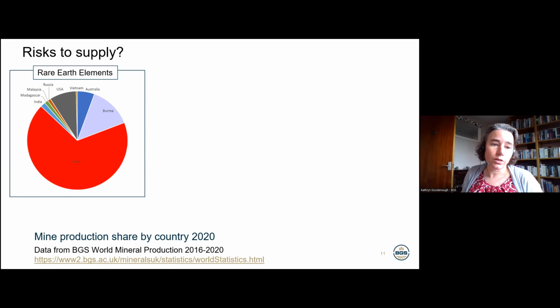So in fact, China has control over probably about 80% of the entire rare earth element market. The only other significant production is from Australia and the USA. But in fact, even the USA's production goes into China pretty quickly for processing. So the rare earth elements are considered to have real supply risk just because China has such strong control over supplies of the rare earth elements.